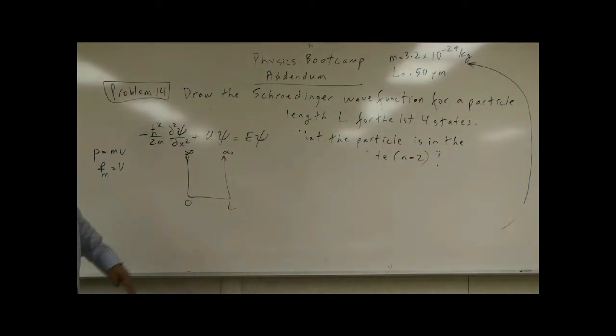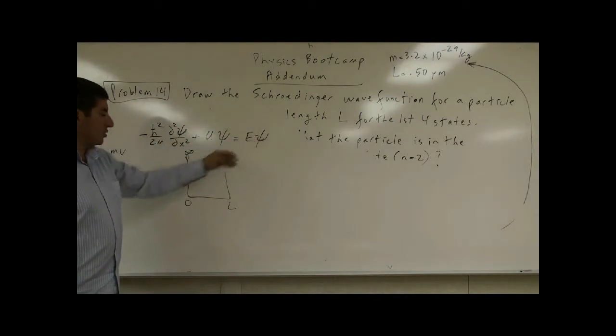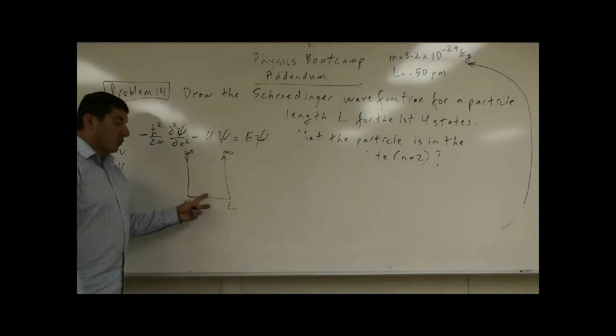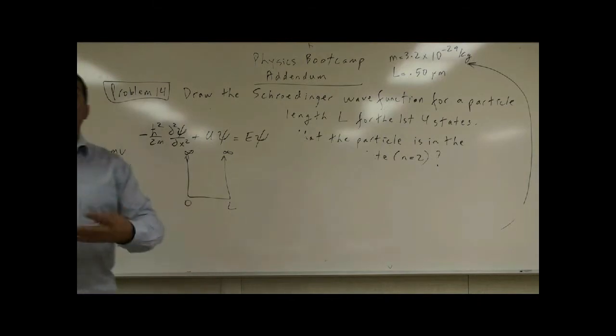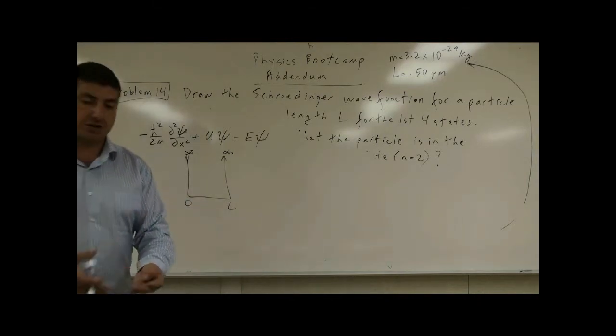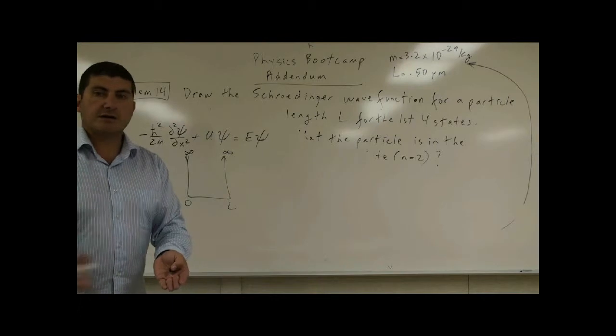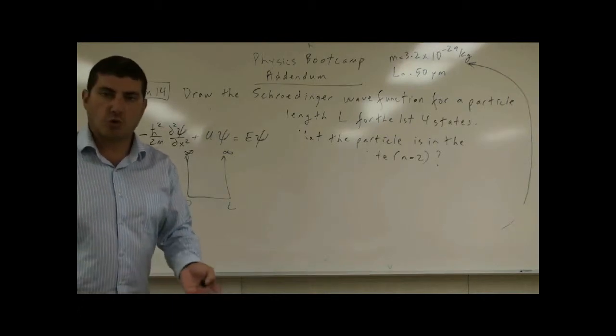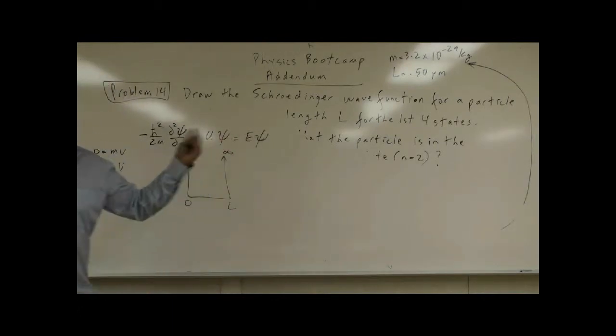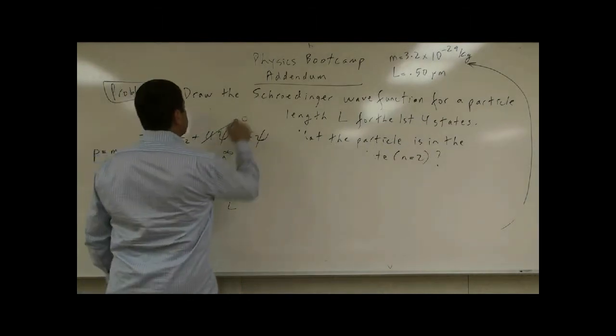So what are the solutions of this equation for that kind of situation? Well, we're assuming inside of the box there are no external forces on the particle. The particle can go back and forth, bounce off the walls of the box, and do whatever it wants to do. So the potential energy is 0.